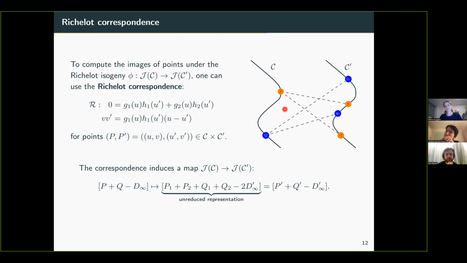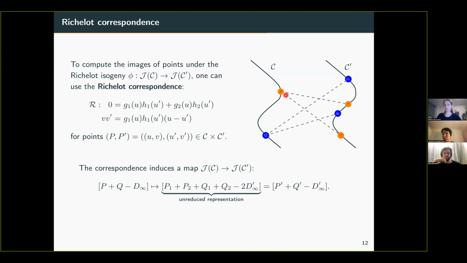Let's say we want to know which points correspond to the point P, which is the point on the left curve. This curve here should be our hyperelliptic curve that we start with, and this curve on the right should be the hyperelliptic curve in the codomain.